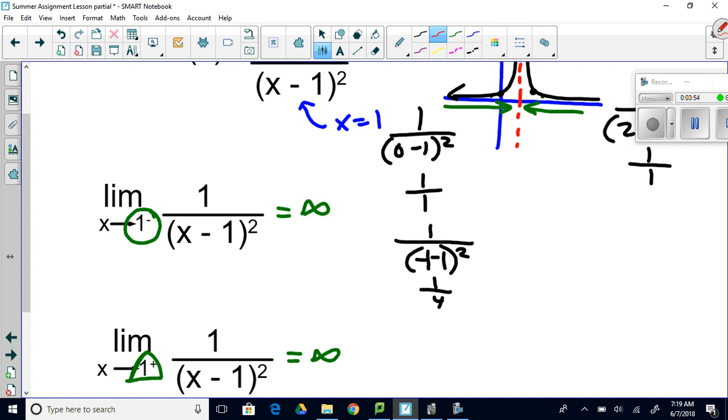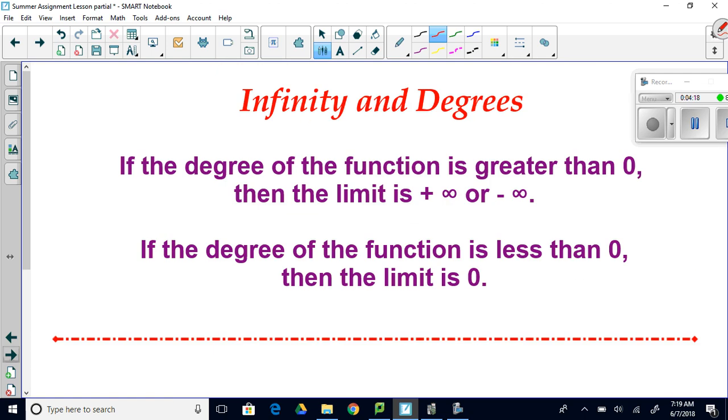So therefore, the limit as x approaches 1, the left and right-hand side of this one is the same. So since the left side is infinity and the right side is infinity, we can say our limit is infinity. So this one is nice because our limit, well, it still does not exist because it's going to infinity or negative infinity, but they're both going to positive infinity. So we know more about our graph here.